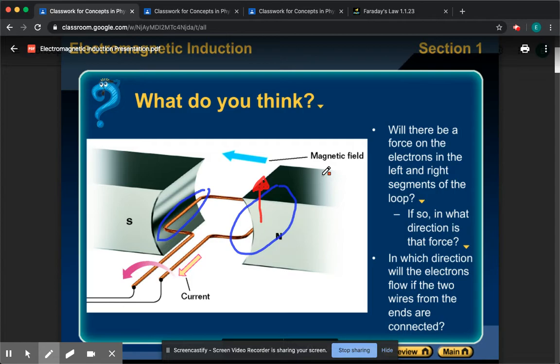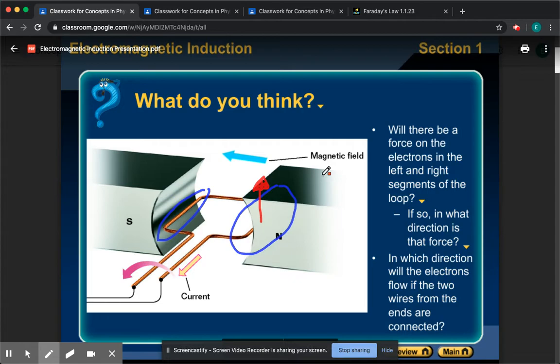And the back of your hand is the direction of the force on the electrons on the right, okay? Because remember, the right-hand rule says positive particles, it's out the palm. Negative particles, it's out the back of the hand. What flows in electricity is electrons. So we need to look at the negatively charged particles, which would be electrons.